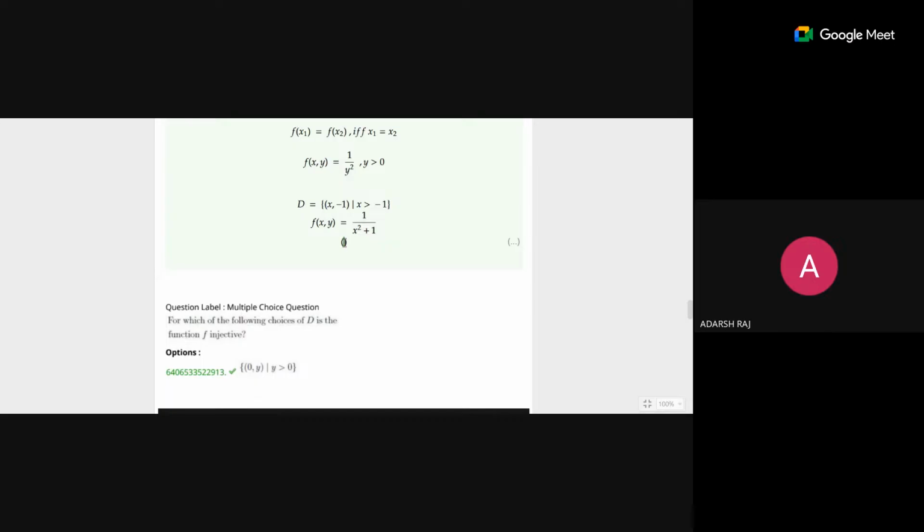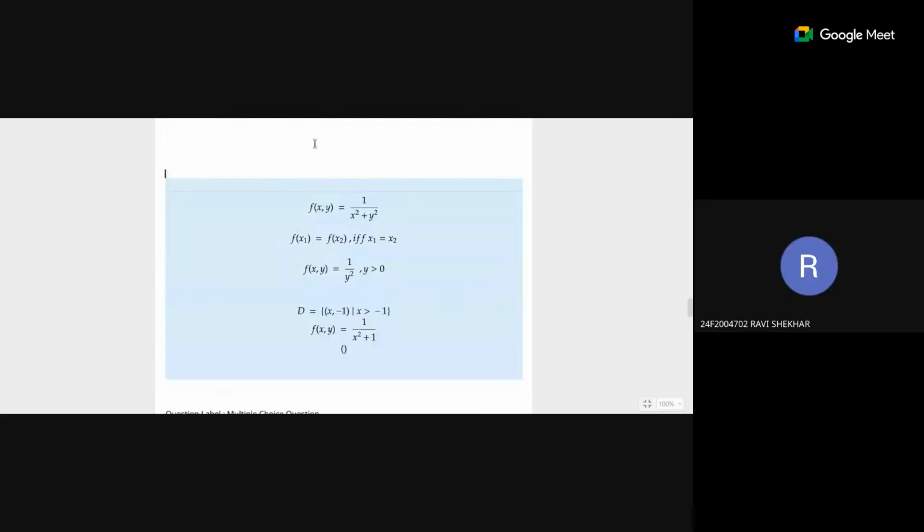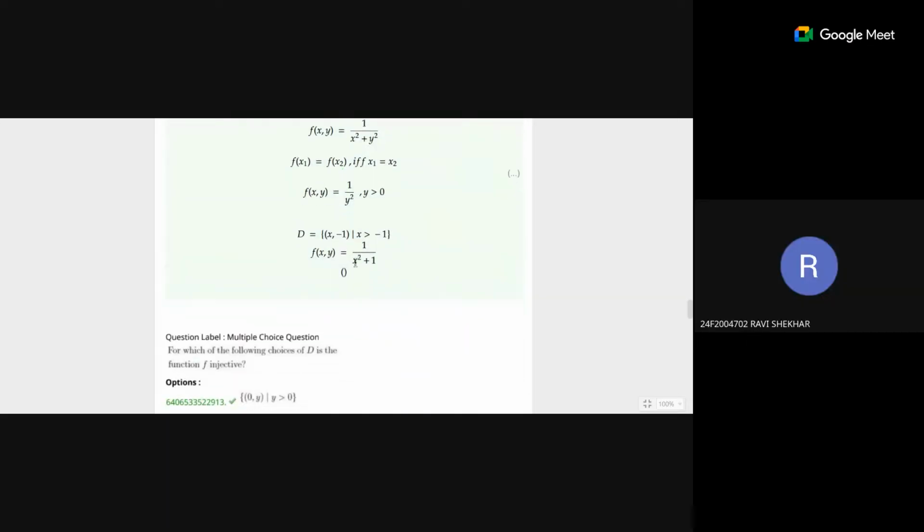So just find two x such that x comma y will break this property. Are you able to find such x? x equal to -1 and x equal to 1 are two x values for which f of x, y has the same value. Yes, but x cannot take -1. So we just take x equal to 1/2 and y equal to -1.